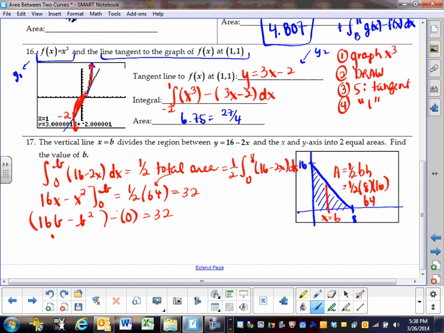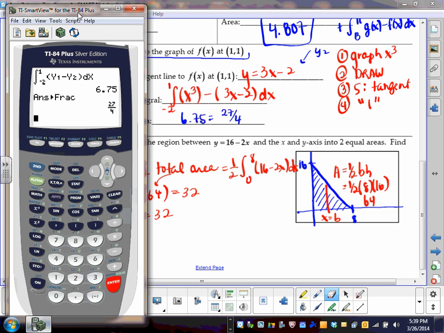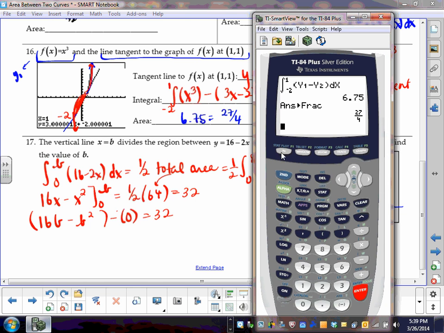So in my calculator, I could then put this as y1 and this is y2. Again, these notes are for me. I would not actually have those notes on my AP paper. I could do that somewhere off on the side if I want to. So I want to know where those are equal. So I want 16x minus x squared to equal 32.